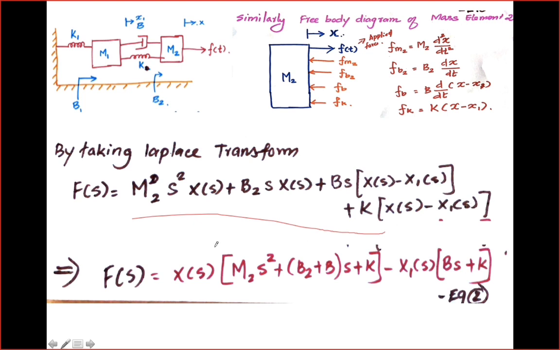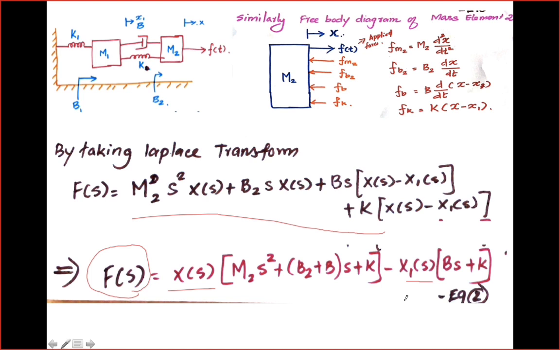When I am rearranging, separating x of s and x1 of s, I will get f of s is equal to x of s into m2 s square plus b2 plus b into s plus k. These are the terms related to x of s, and we have another term, x1 of s into bs plus k. You have to consider this is equation 1.